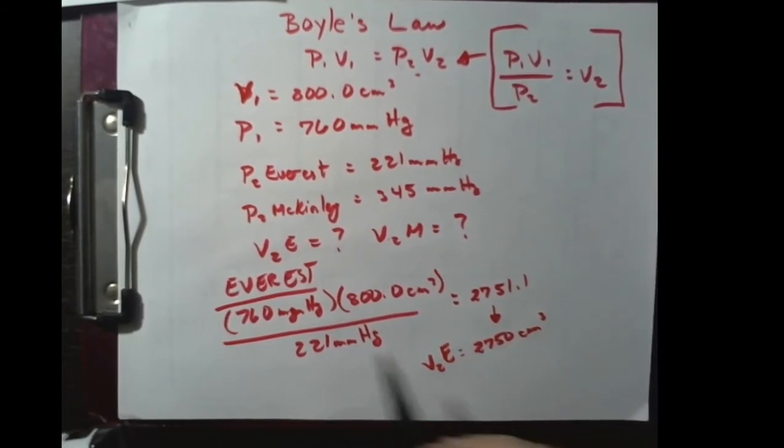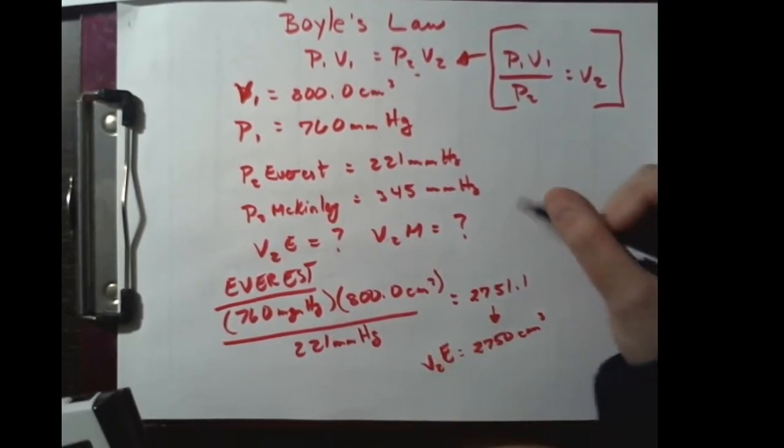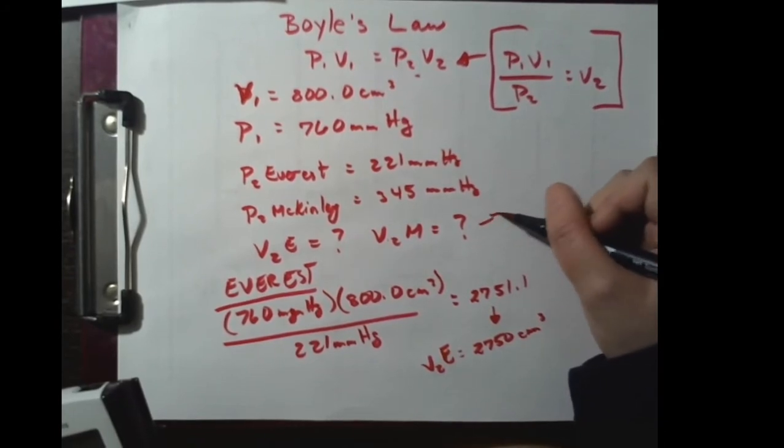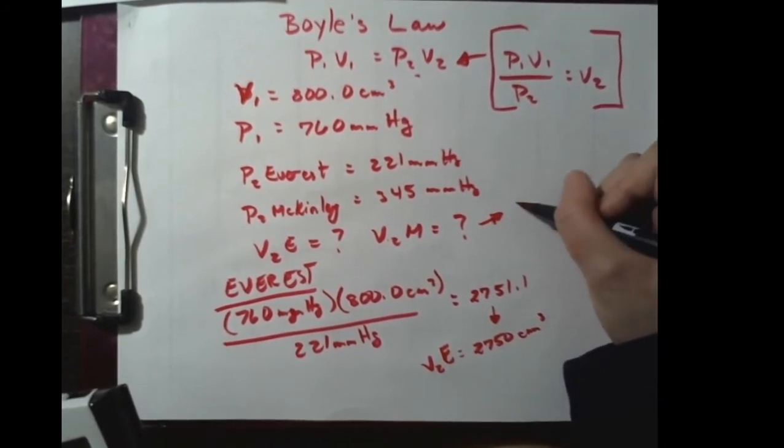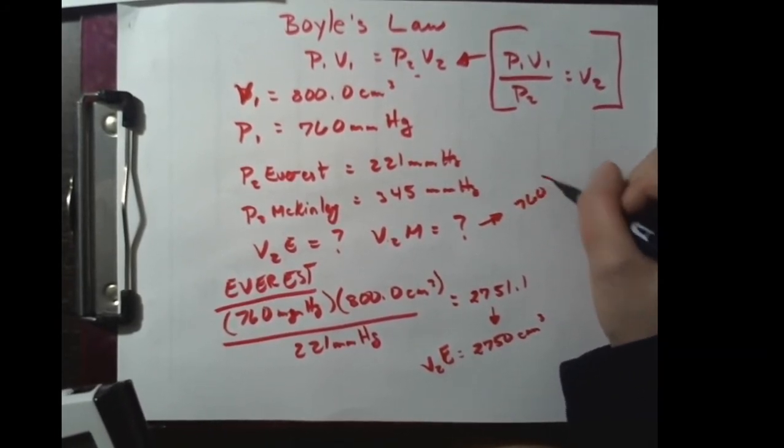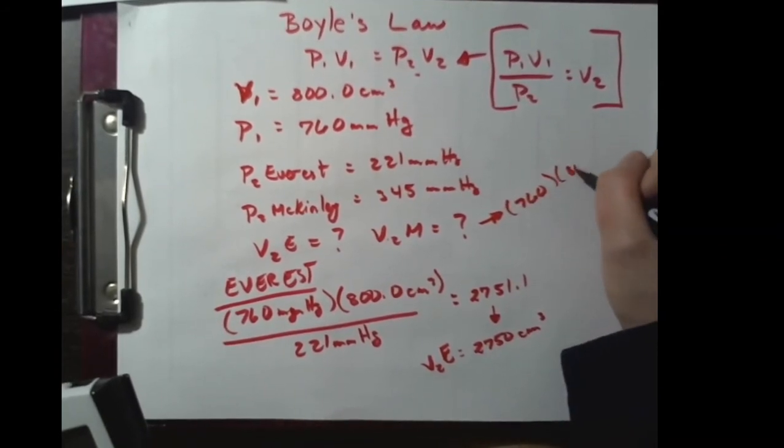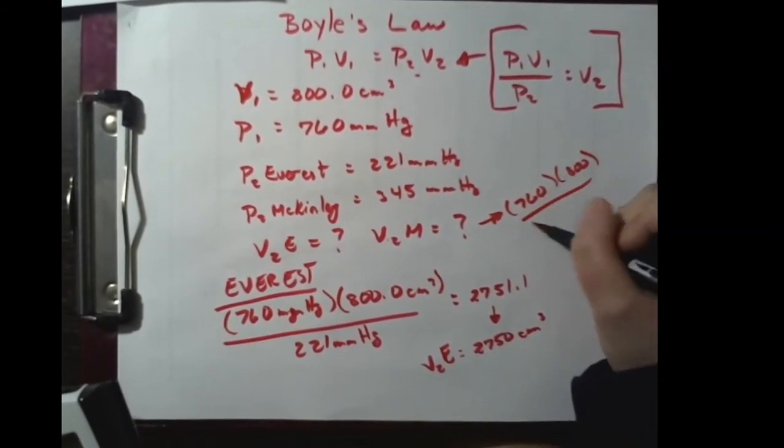Now, the second part, which is going to be McKinley, we're going to do the same thing over here. So 760 again, times the 800, divide that by 345 this time.